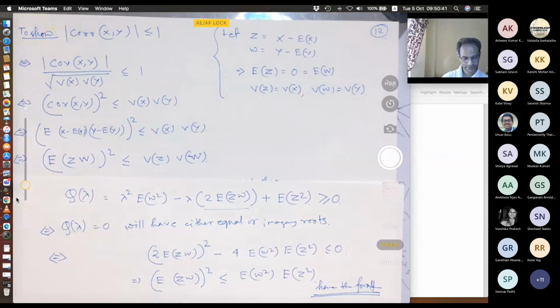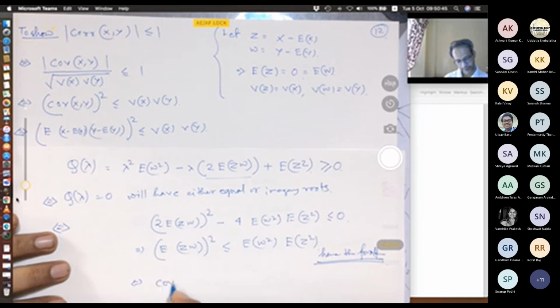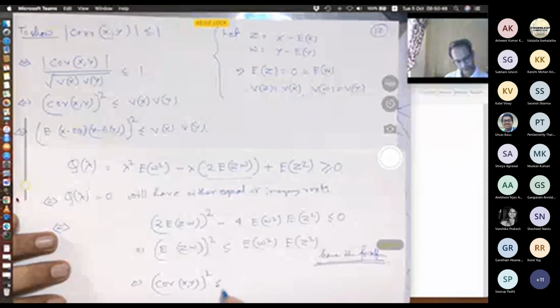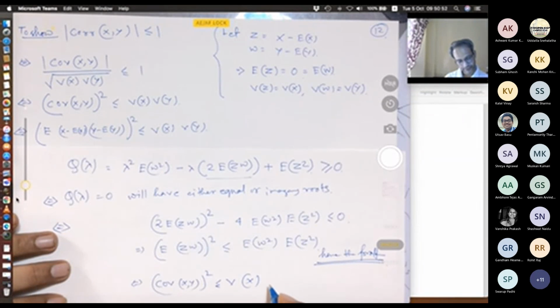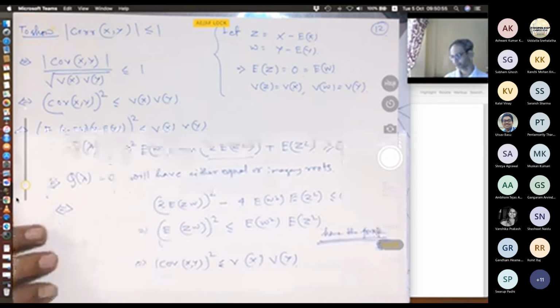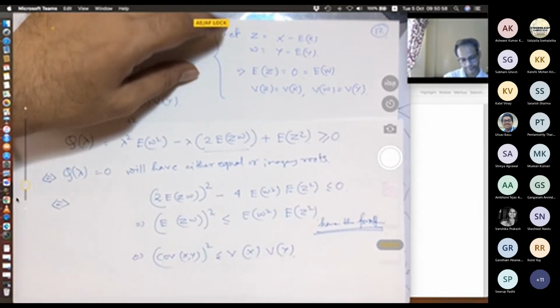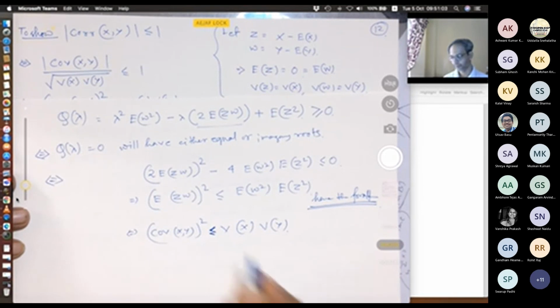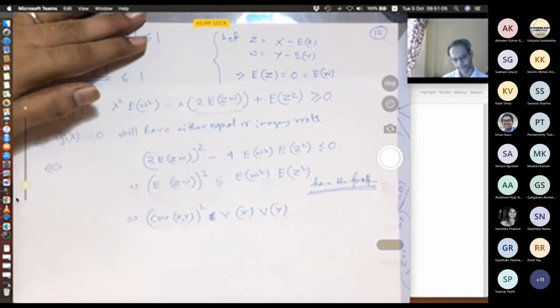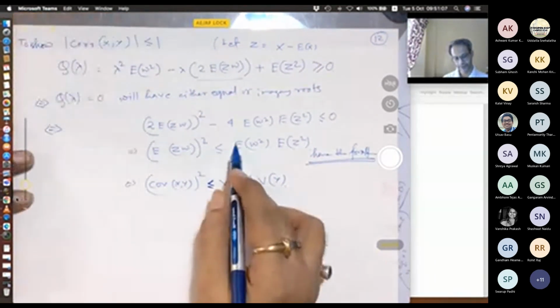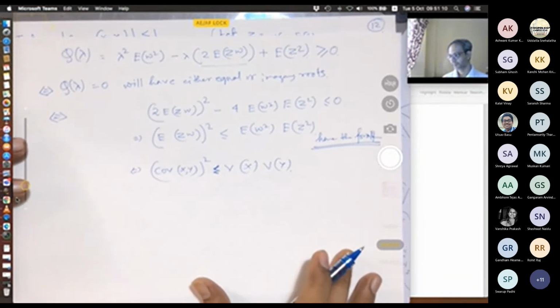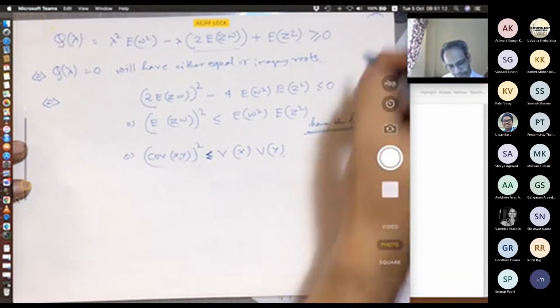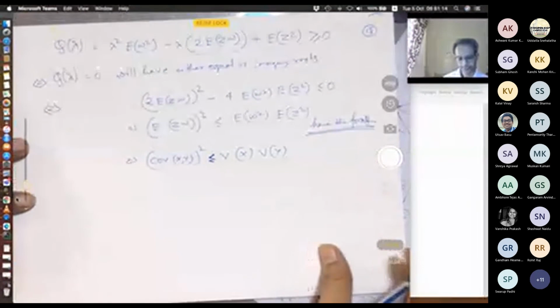So this is eventually saying the same thing, that covariance of XY squared is less than or equal to variance of X times variance of Y. When will the equality hold?